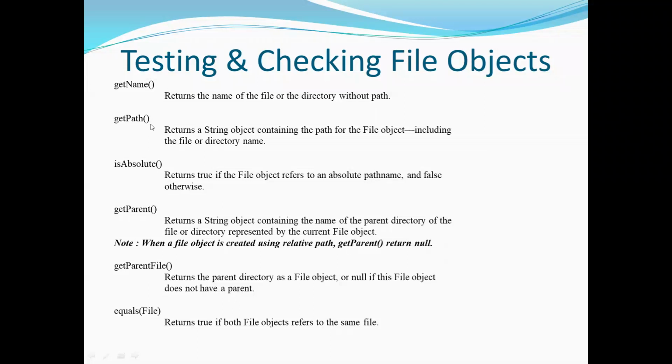And if you want to check whether the path is absolute or relative, there is a method isAbsolute. It returns true if the file object refers to an absolute path name, and false otherwise. So if you want to check whether the path you have passed to create the file object is absolute or relative, you can use this method.